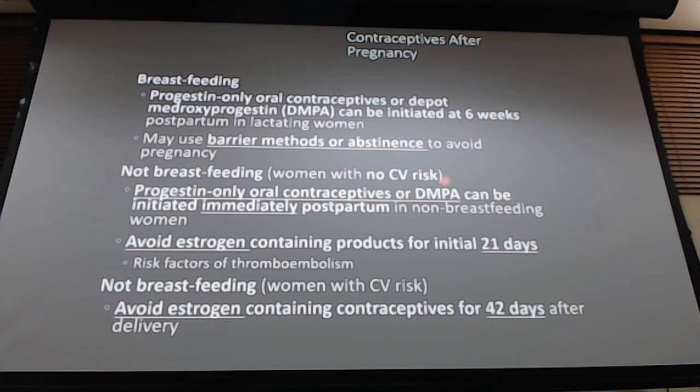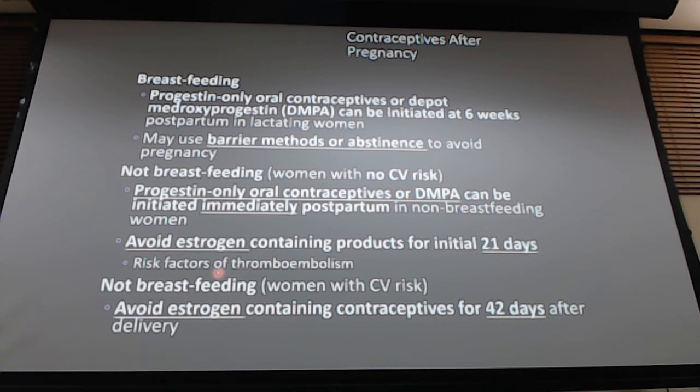I still want to avoid my estrogen for 21 days, and that's because of the increased VTE risk with estrogen. Because I just gave birth, remember, I'm hypercoagulable. That's why we wait the 3 weeks when we're talking about estrogen, but it's a lot quicker, and we can say, because you're not breastfeeding, estrogen is okay, because I'm not worried about the prolactin decrease for that mother.